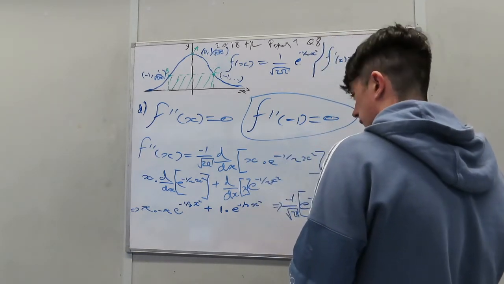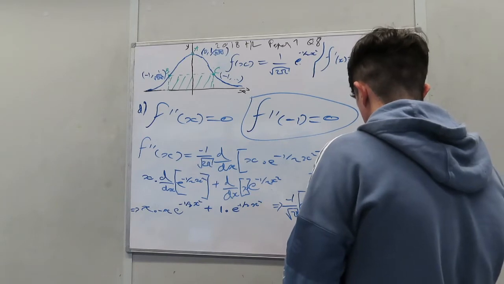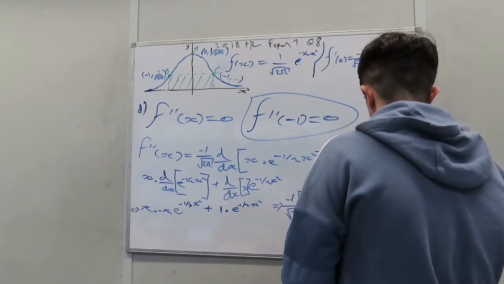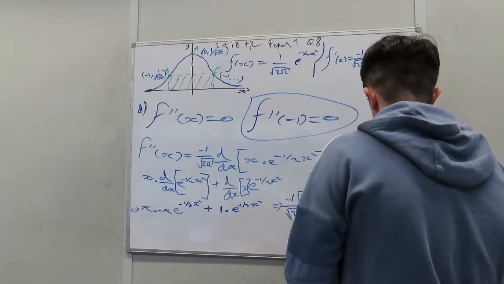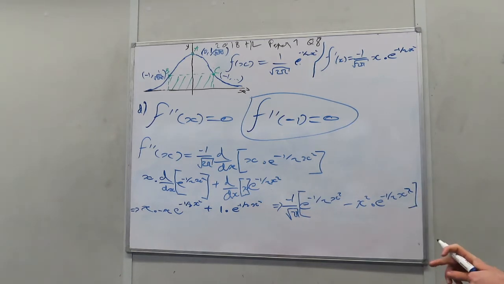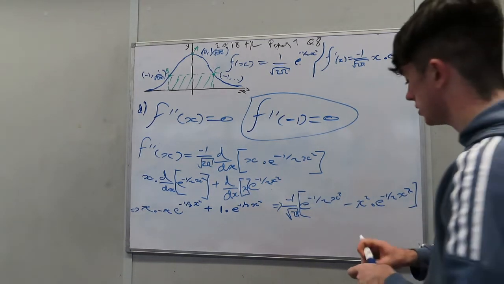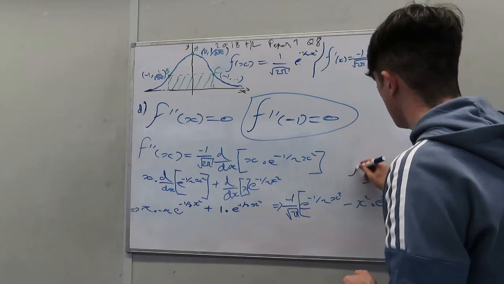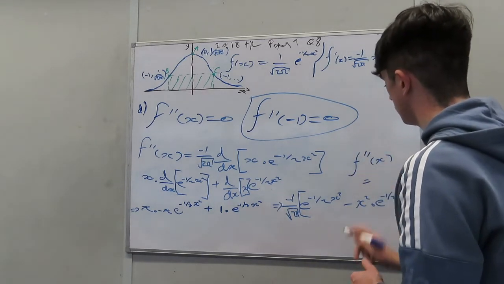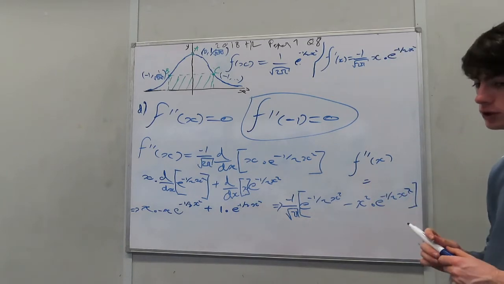So we have it like that. Now what we do is, that's our f dash dash of x, the second derivative of our f function.